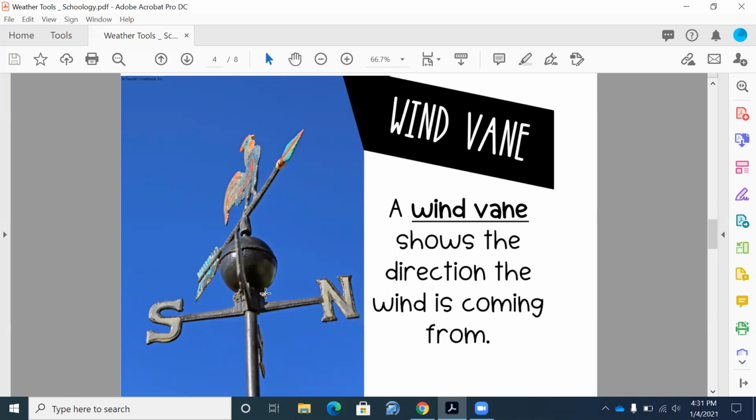It twists and turns to tell you; north, south, east, west stays the same, obviously. So this forepart stays still, and the part that moves and twists, whenever the wind is going really fast, points to where the wind is coming from. So really cool.